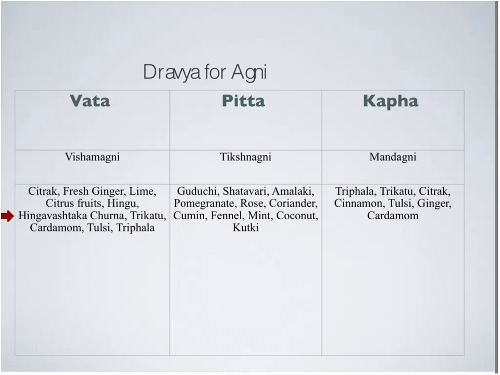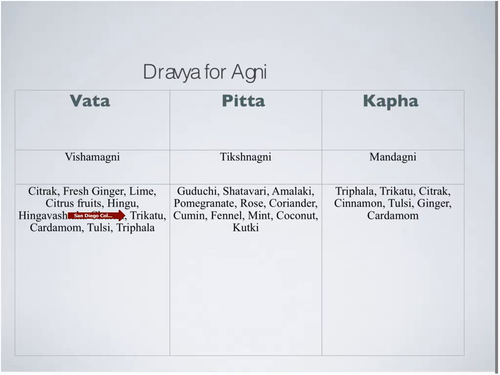So 8 parts of Hingu are mixed with a few types of salts, and I don't know, 2 parts rock salt. So it's called Hingavashtak Churnam. It's very heating, and it's usually given to a Vata person before, during, or after a meal. Just a little bit, and it helps in their digestion.